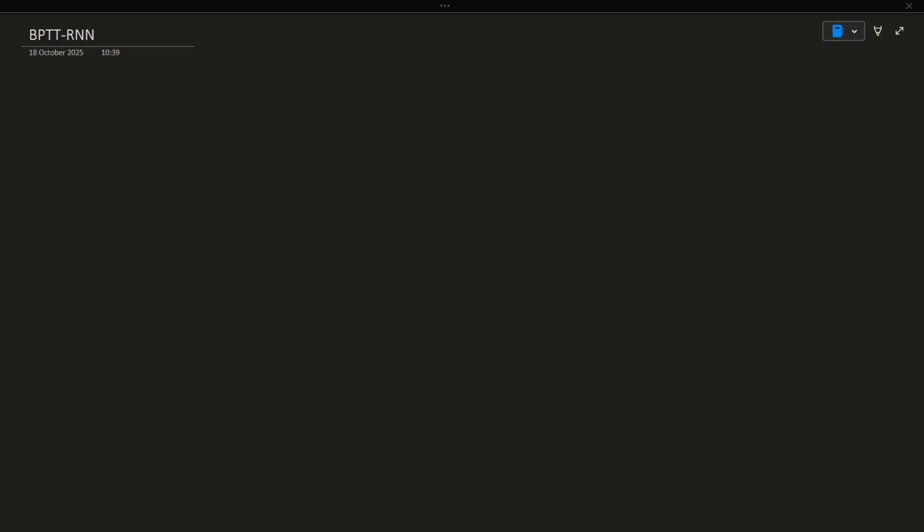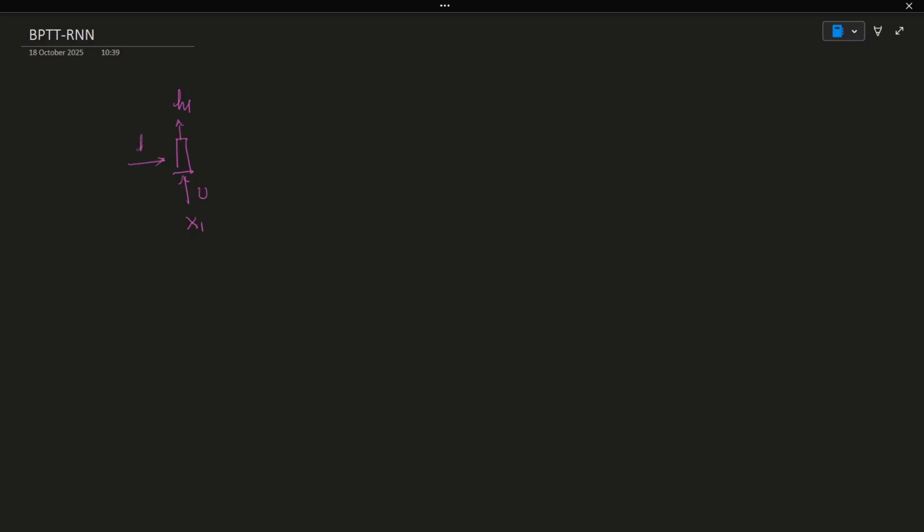So at time t equal to 1, we have x1 with weight matrix U and it produces, let us say, h1.